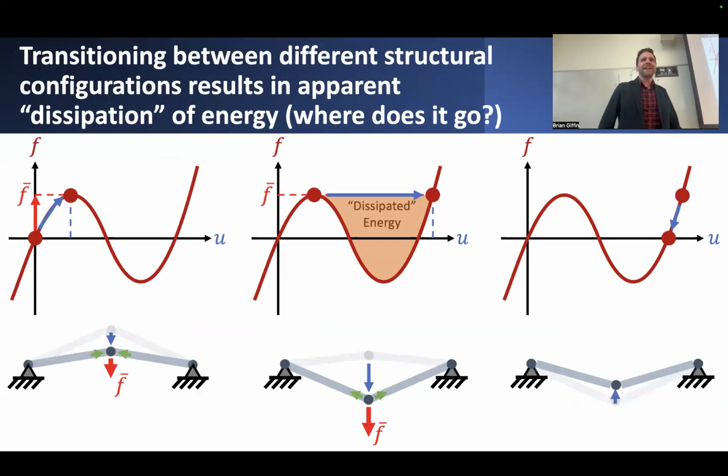So throughout this whole process of snap through buckling, what's most fascinating is that if you were to do this experiment, load up this arch to a certain point, until it reaches that critical buckling load, it'll snap through.